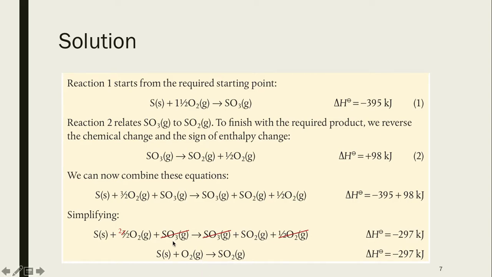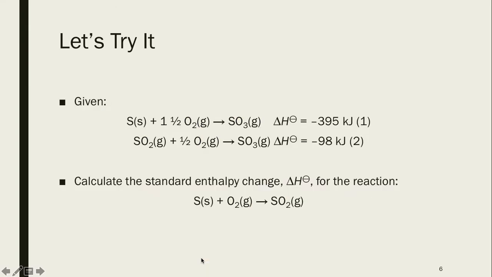So we can see we have a sulfur trioxide molecule on both sides, which are canceled, and we have 1.5 O2 molecules on the left and only a half of an oxygen molecule on the right, so we can cancel out a half. So we simplify and we ultimately get the final reaction that we want, which is exactly what we were looking for.